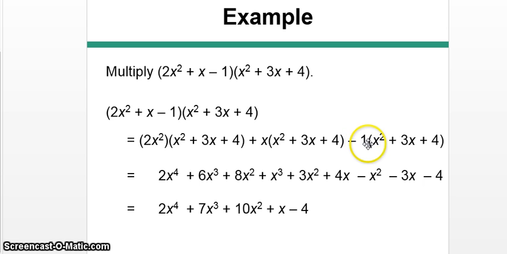Minus 1 times x squared is minus x squared. Minus 1 times 3x is minus 3x. Minus 1 times 4 is minus 4.